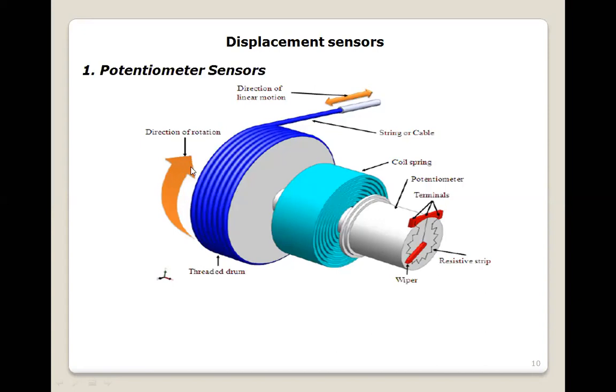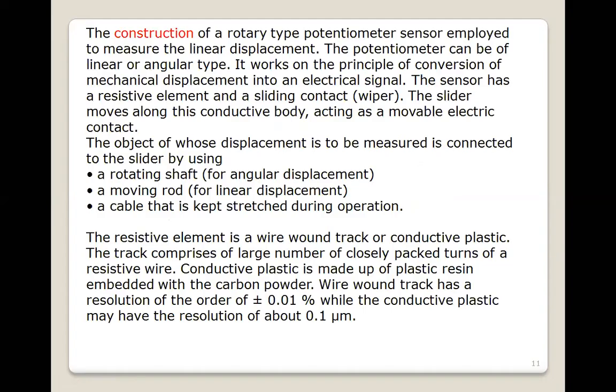Accordingly there is a rotation in the drum that changes the position of the coil, and there is one potentiometer that detects the change in the position of the drum. In this way you can measure linear motion with the help of the potentiometer. That means you can measure displacement using the potentiometer sensor.